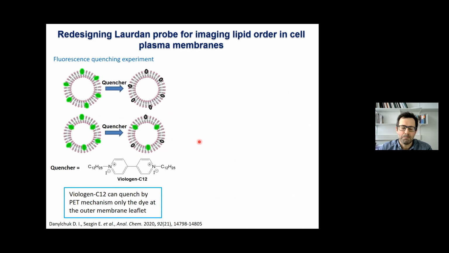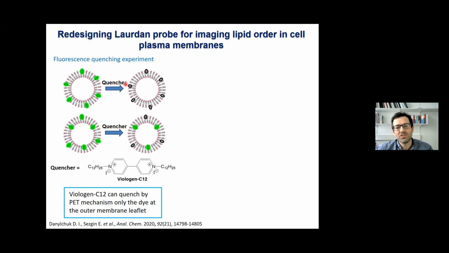Okay, so now as we will target specifically the plasma membrane by labeling just the outer leaflet, we need to prove that it binds only to the outer leaflet. For the Laurdan or Prodan derivative, it was much more tricky because, for example, molecules like sodium dithionite salts do not really react and do not bleach.